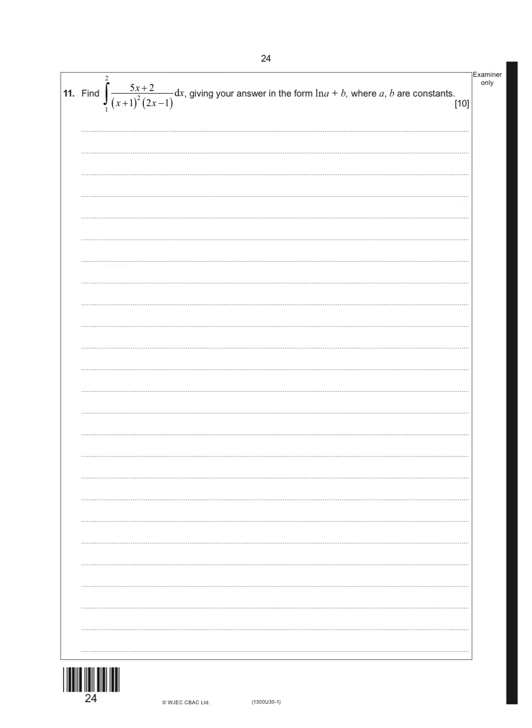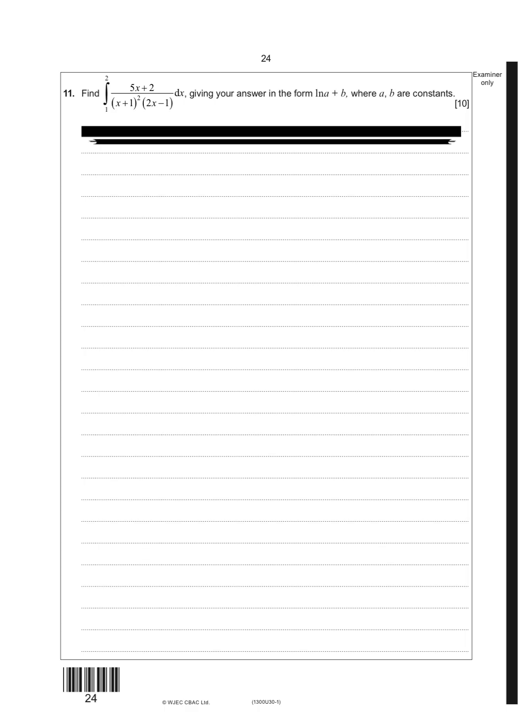So then we're going to multiply through by the original denominator. So I'm going to get 5x plus 2 equals, well, when I multiply this first fraction by the denominator, one of the factors of x plus 1 is going to cancel, and so I'm going to be left with the other one and 2x minus 1 as well.